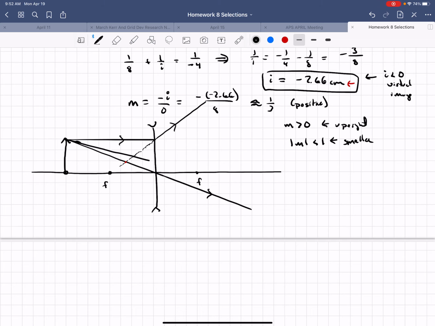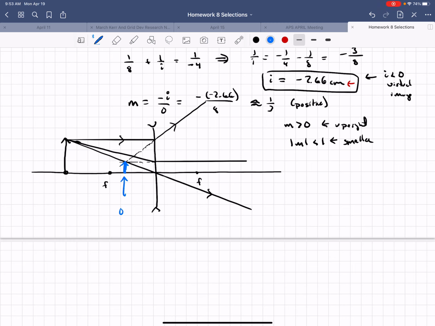I'm drawing that ray until I hit the lens, and then I draw a ray that comes out parallel from there. A little tricky to do with an iPad. I'm going to draw a ray that comes out parallel from there, and if I trace that ray back, it also lines up right there.